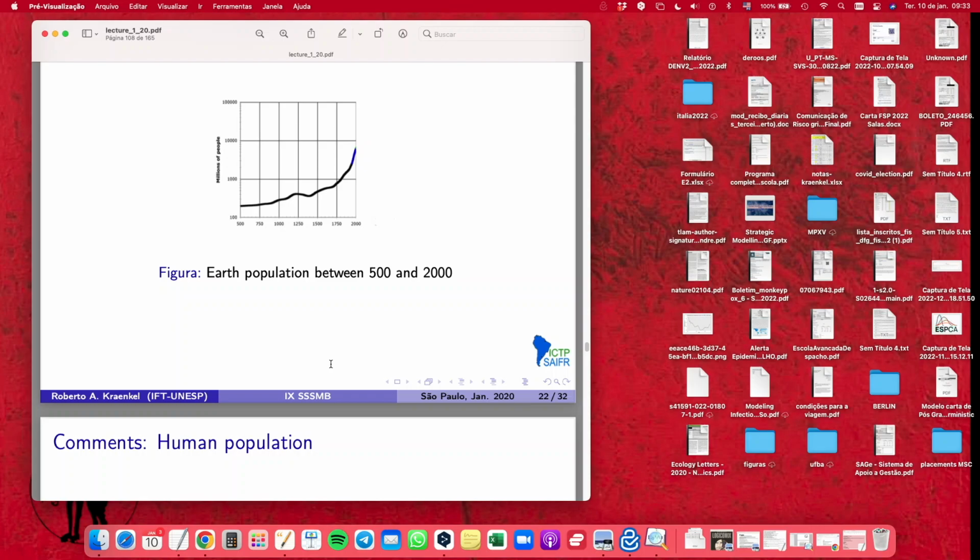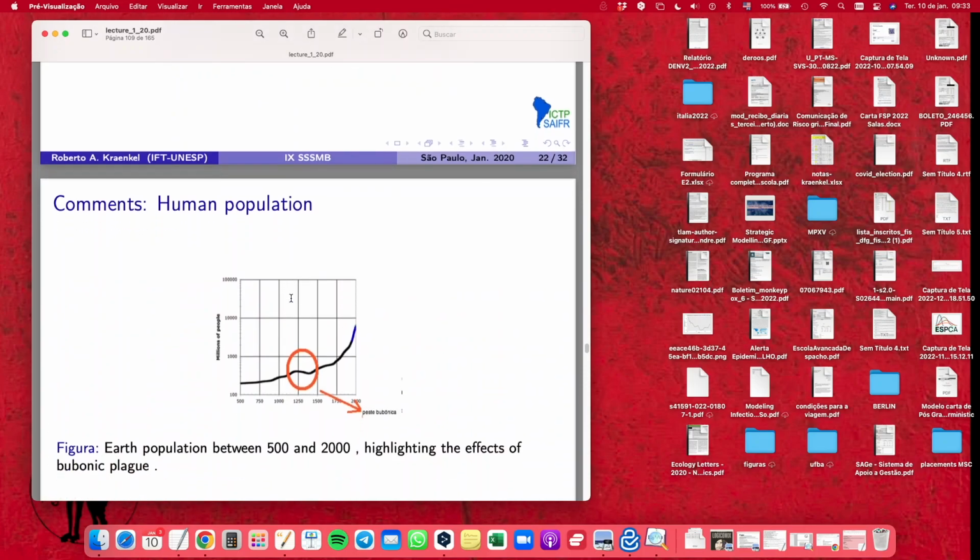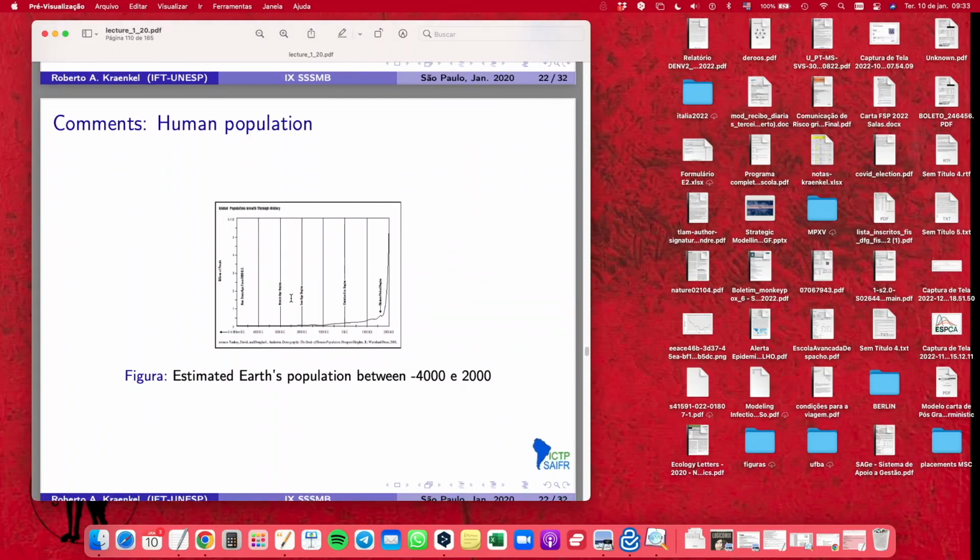But if you go for a larger time scale, which is the estimation of population between minus 4,000 and 2,000, 6,000 years, the ripples almost completely disappear. So this here looks like exponential, because we are taking 6,000 years.